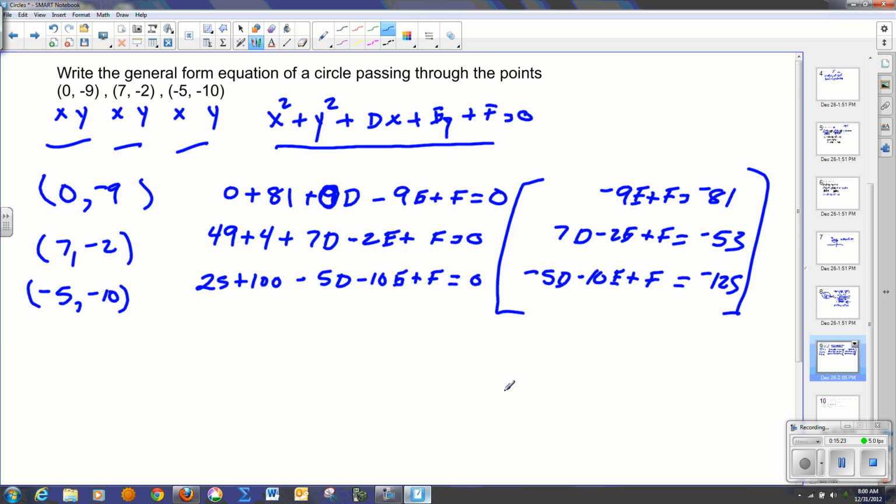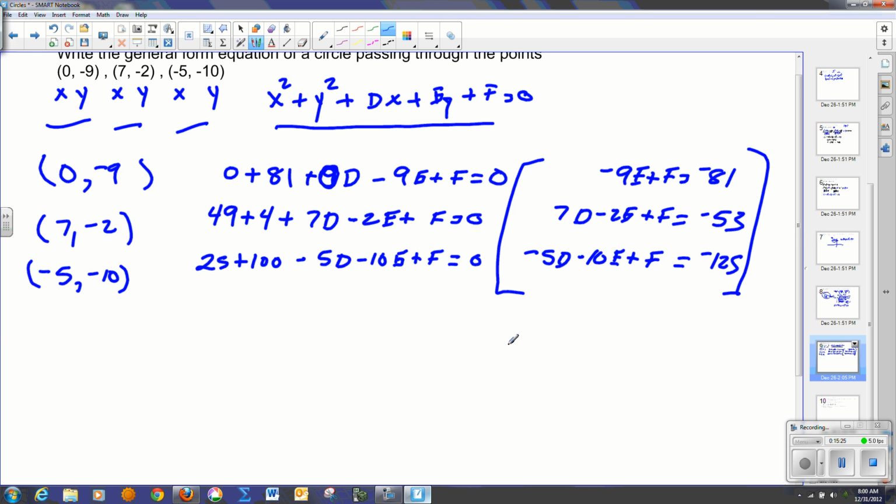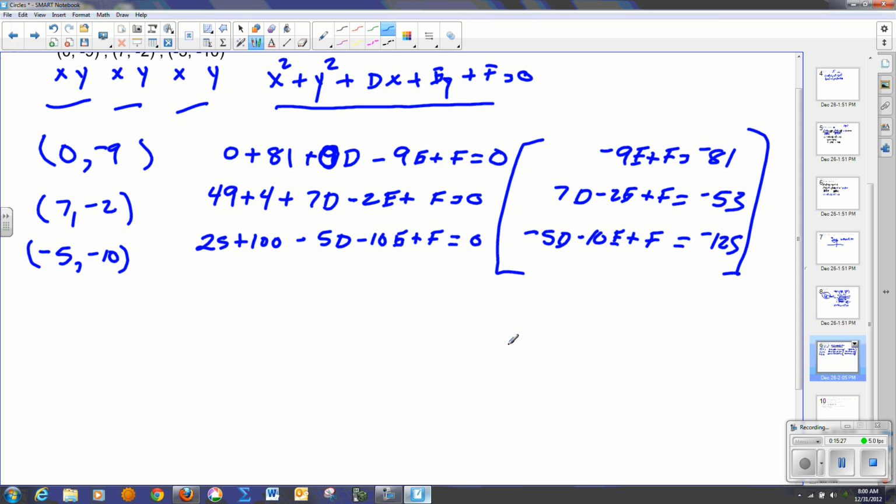Now, we can go through longhand and solve that system, or we can use a process that hopefully we all learned last year of using matrices to solve this. Now, I know we haven't used matrices this year, but let's just review. Any three variable system can be drawn up in a matrix form, or an augmented matrix form we call it.